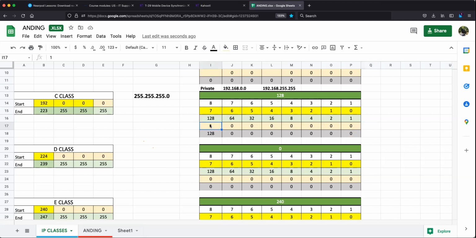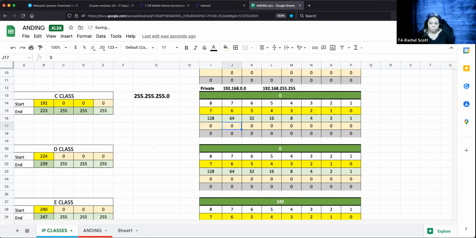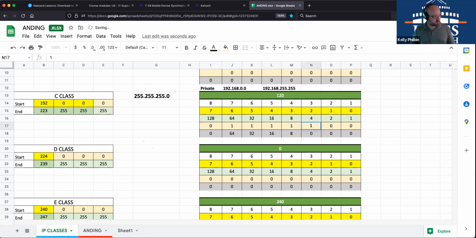Now, here's an interesting thing. If I turn on every bit before it, I'm going to get 127. So I will be 1 less than that next bit, and that happens all the way.